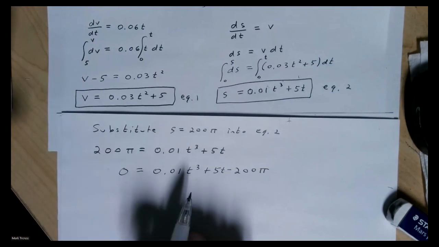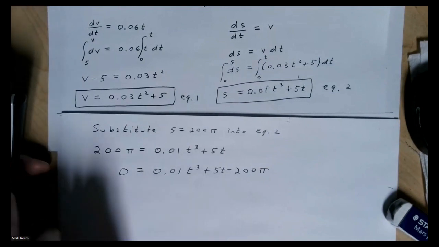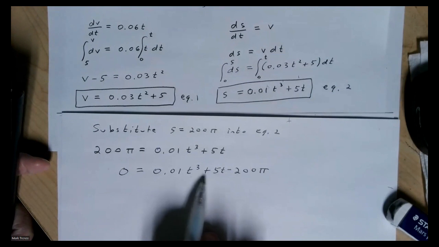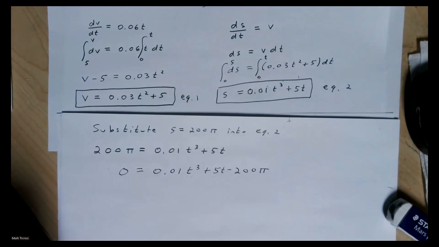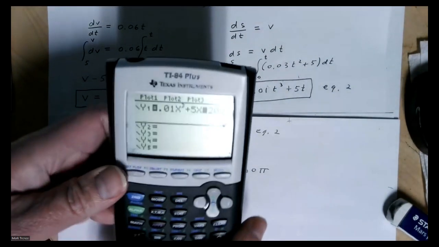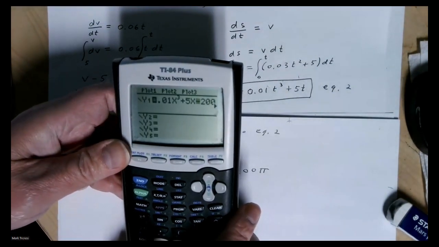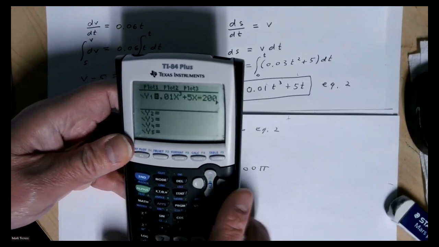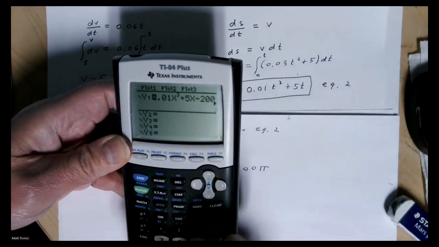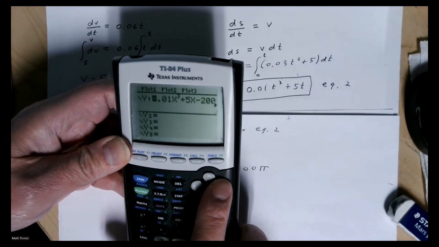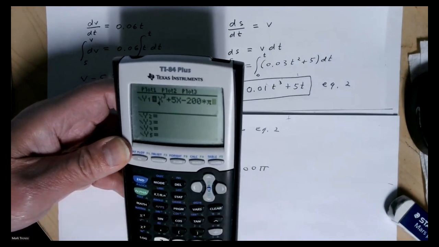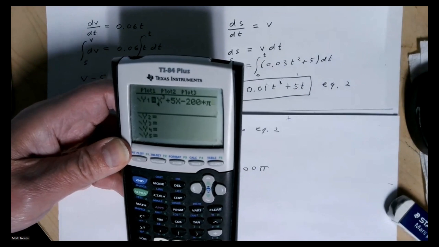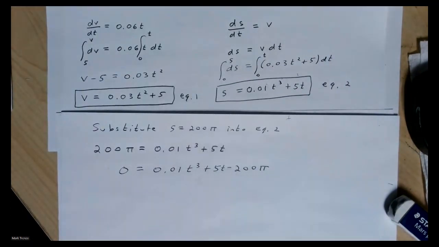I'll put in 0.01 x cubed plus 5x minus 200 pi. So I put in 0.01 x cubed plus 5x minus 200 times pi for my equation.